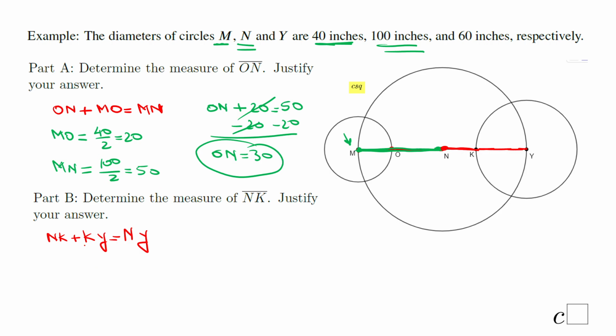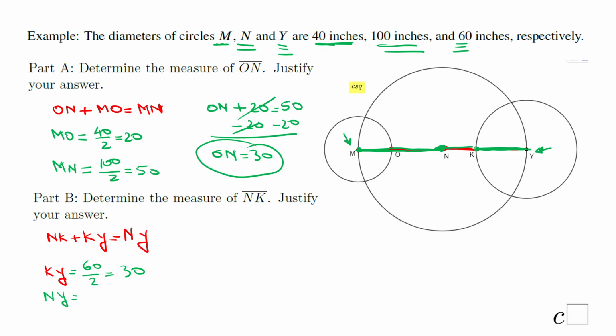NK is the segment we need to find out. What about KY? KY, if you take a look, is the radius of circle Y. So that will be half of this 60, because the diameter is 60. So it will be 30. And also NY, what is NY?